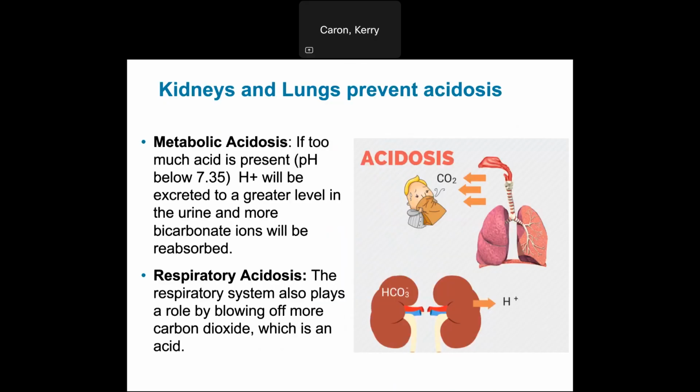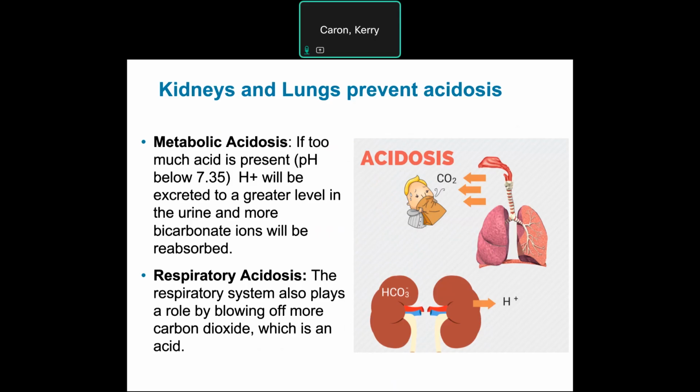So the kidneys and the lungs play an important role in preventing acidosis. We mentioned in the respiratory chapter that if we are in an acidotic state, since carbon dioxide is acid, we're going to hyperventilate and blow off more carbon dioxide. That would be the second bullet point here, the respiratory acidosis. So the respiratory system is going to play its role by blowing off carbon dioxide, which is an acid.